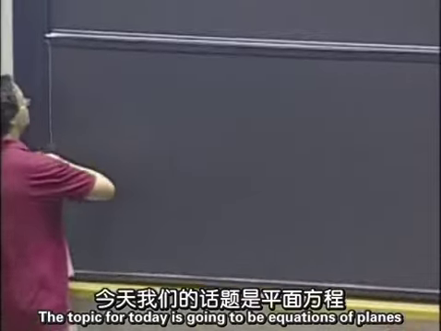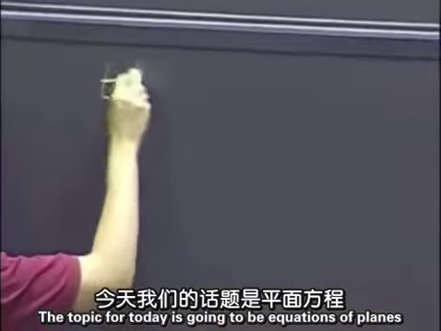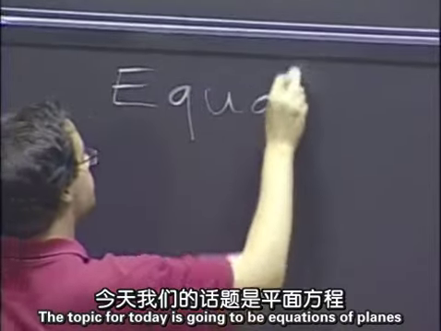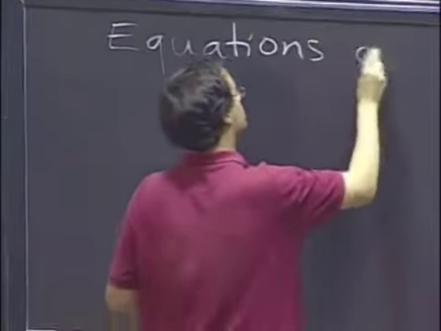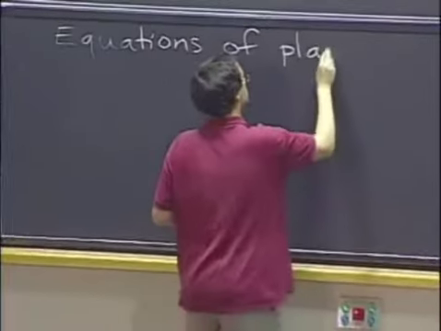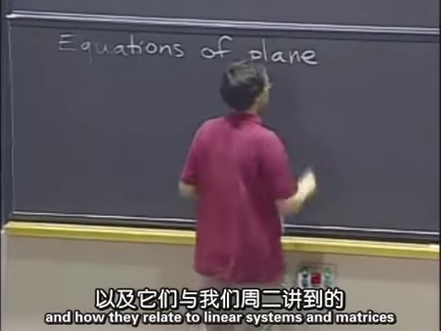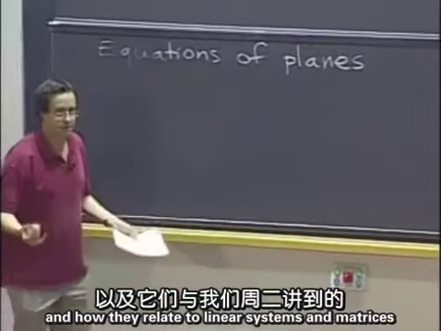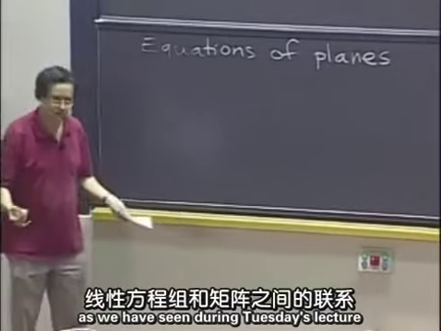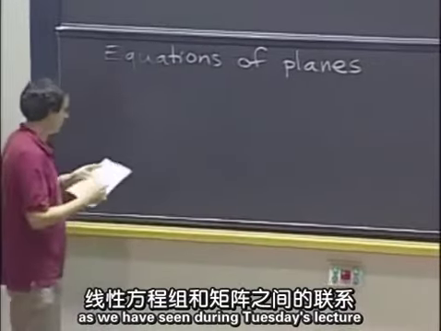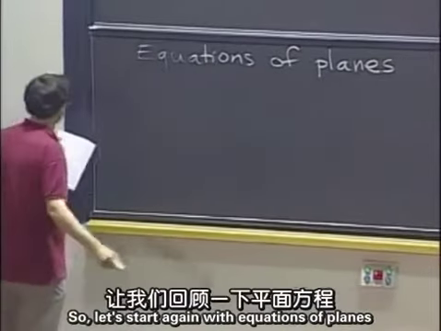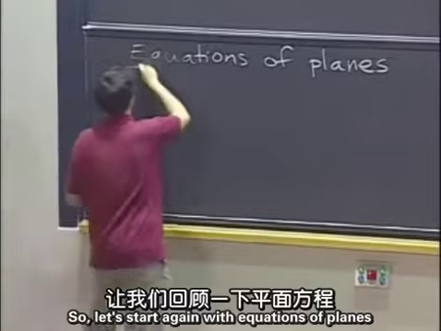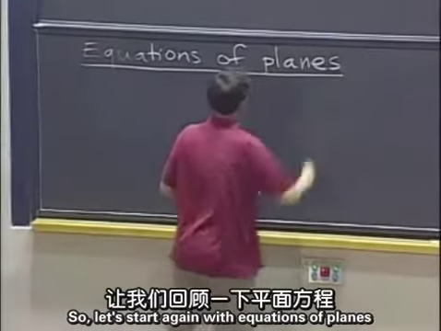The topic for today is going to be equations of planes, and how they relate to linear systems and matrices as we have seen during Tuesday's lecture. So let's start again with equations of planes.